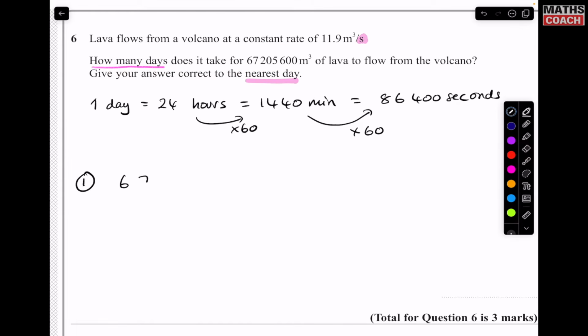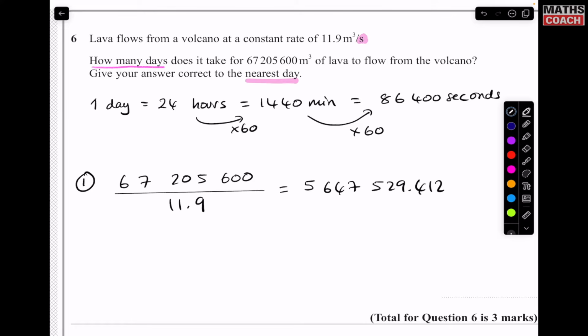So 67,205,600 divided by 11.9. If we put that into our calculator, we get 5,647,529.412. So this is how many seconds are needed for filling this much lava from the volcano.